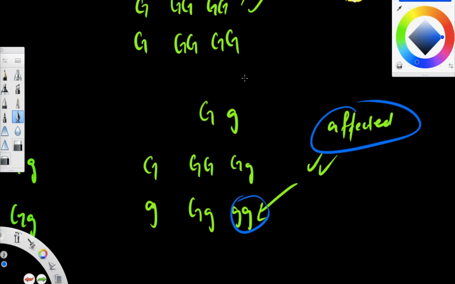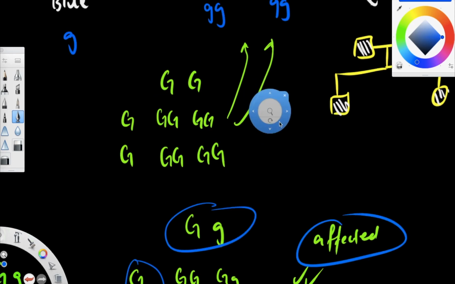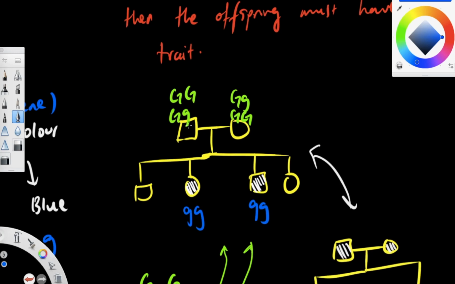Therefore, the only possible combination is that both parents are heterozygous, aka they have a capital G allele and a lowercase g allele. And notice that since these two parents are unaffected, it's impossible for them to have a lowercase g, lowercase g combination. So from here, we can conclude that both parents are capital G, lowercase g.